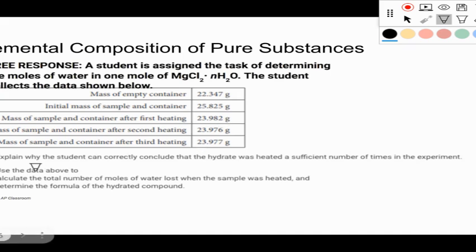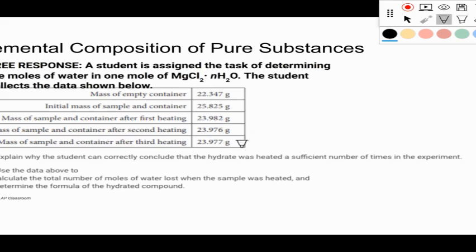Then letter B asks us to use the data above to calculate the total number of moles lost of water and what's the formula of the hydrated compound. And so what we're going to have to do first is figure out how much water was actually lost in this problem. And so to do that, we are going to go back to the initial mass of the sample and the container, because at that point we know that this is the total mass of the compound with its water, because we haven't heated it, and this is also going to include the container.